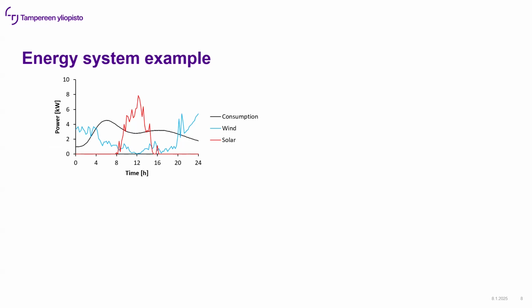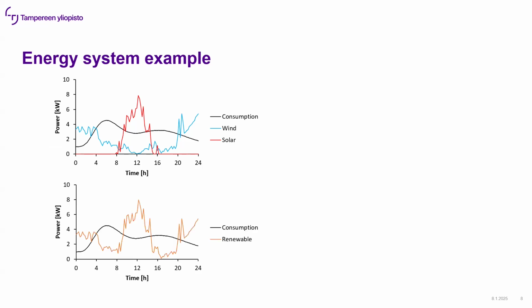So what I have in there is the consumption plotted against the production from the solar and the wind, and I scaled it in a way that the consumption at some points is higher and at some points it's lower, and that's rather typical. Even at a country scale in Finland, now we have such a high amount of wind energy that that's what's happening on a larger scale as well.